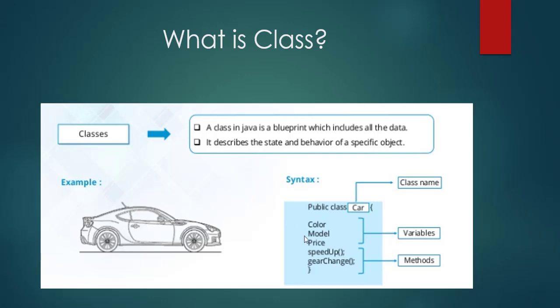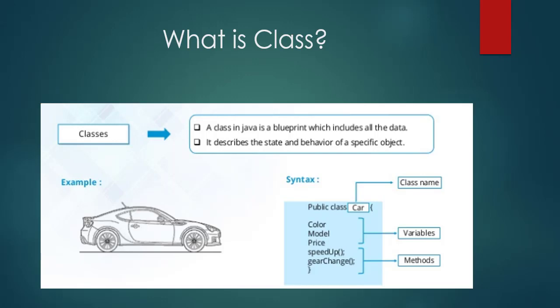Okay, so if you want to create or declare a class in a Java program, for the syntax you have to declare that it is a public class, private class, or protected. As we discussed earlier, if you use a public tag, it means you can access this class or the data of this class from everywhere.